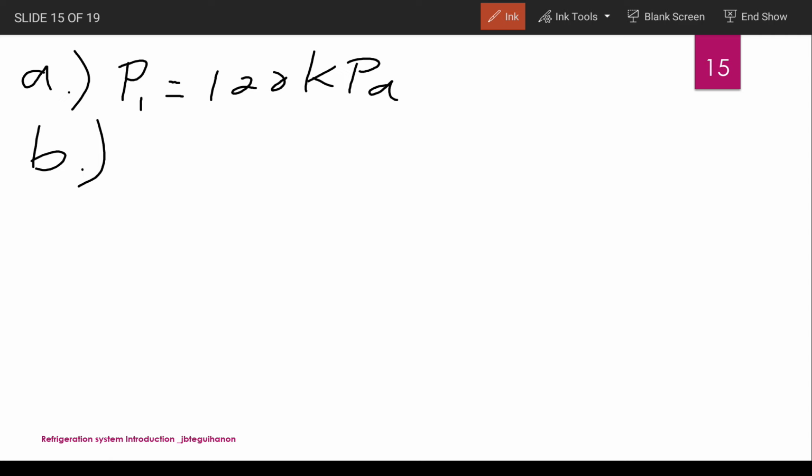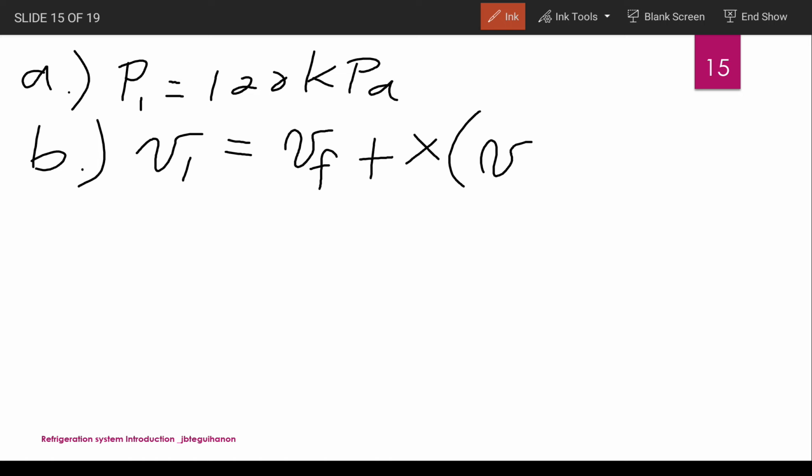Then we expressed the specific volume at 1 as the specific volume of liquid plus the quality times the specific volume of vapor minus specific volume of liquid.